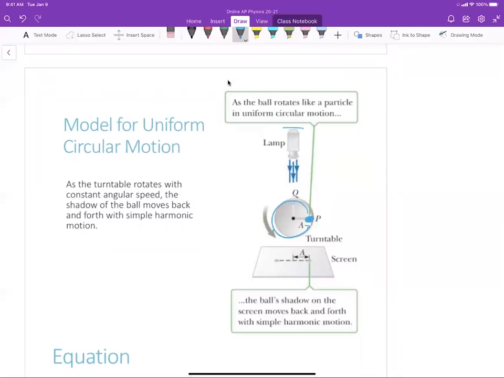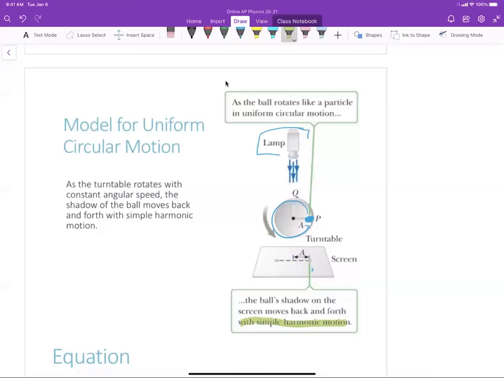And I've got a lamp up top that is shining a light on top of that rotating system, and it will put a shadow on this plate, and it will go back and forth and back and forth, and essentially it looks like simple harmonic motion on that plate.